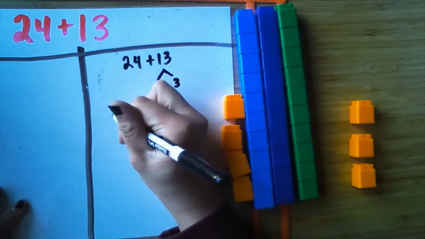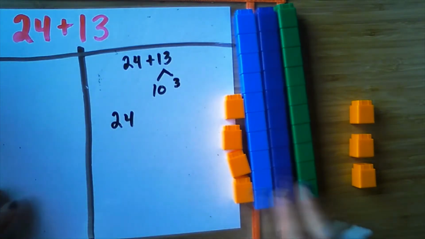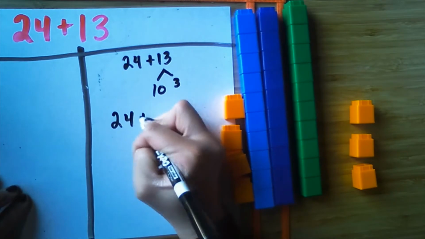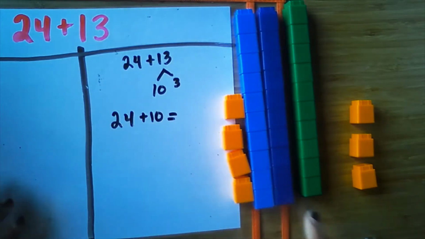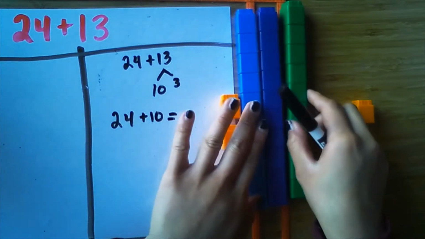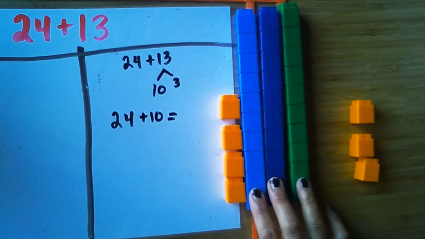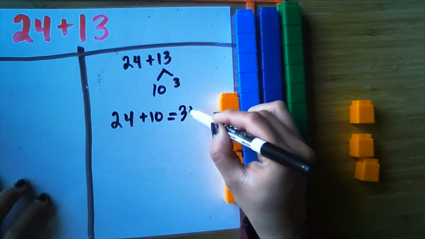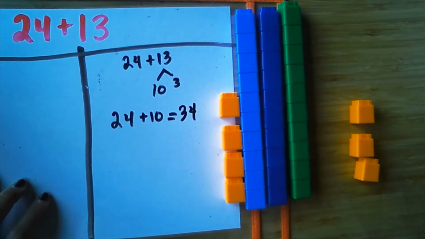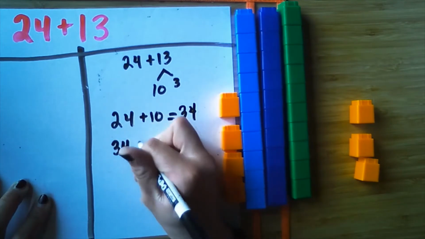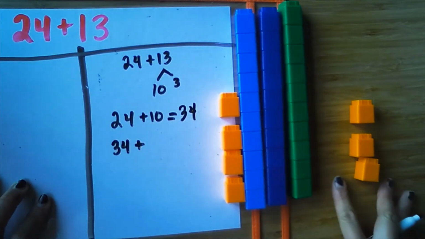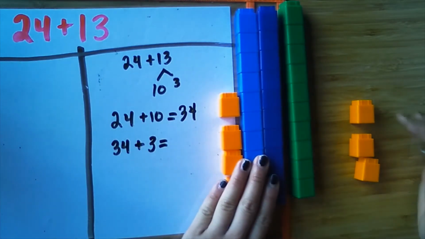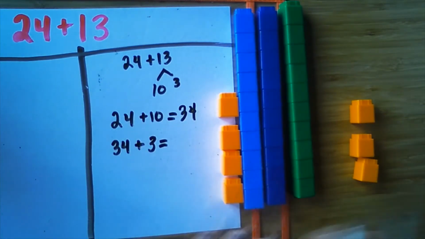So we're going to write 24 plus 10 equals 34. And I see 30 here, 31, 32, 33, 34. So 34. And then we still have to add the 3 ones. So we're going to add 34 plus the 3 here, which equals 34, 35, 36, 37.